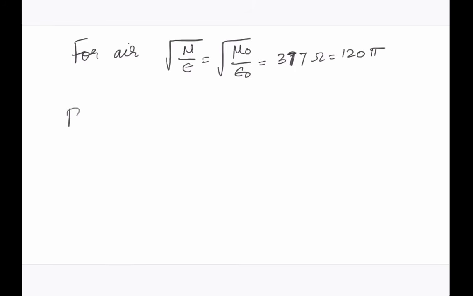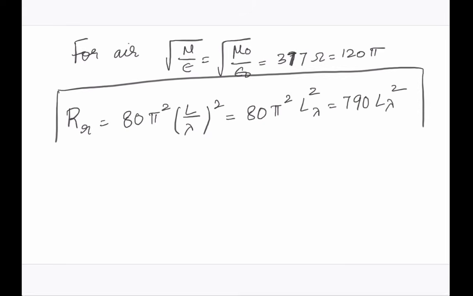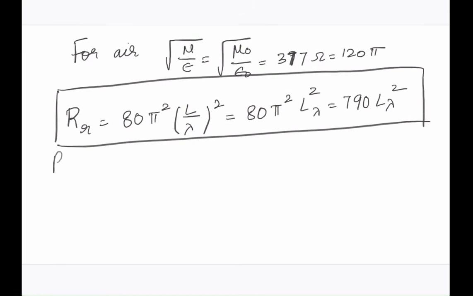So the final equation can be written as RR equal to 80 pi square L by lambda the whole square, where L by lambda is also denoted as L lambda. Again, 80 pi square is equal to 790. So this will be the final equation for radiation resistance.